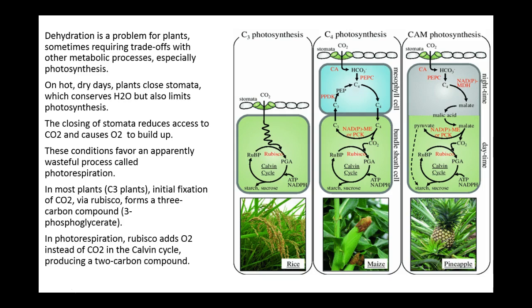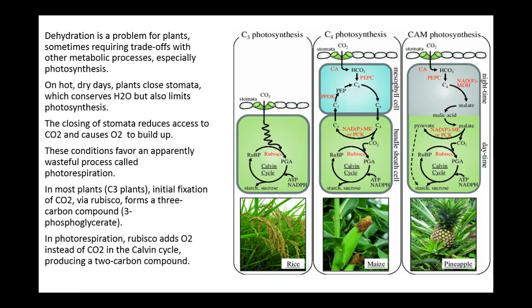So if those pores or stomata are closed, water is no longer going to evaporate. There is another process that the plant can use. This favors a wasteful, not quite as efficient process called photorespiration.